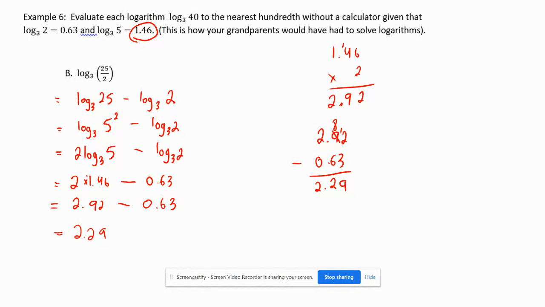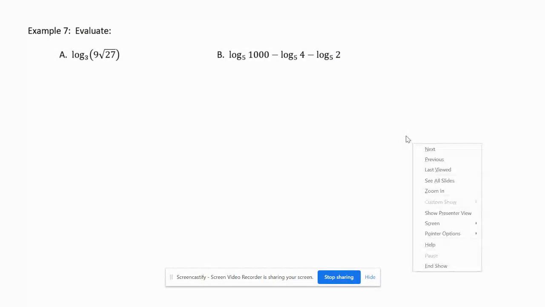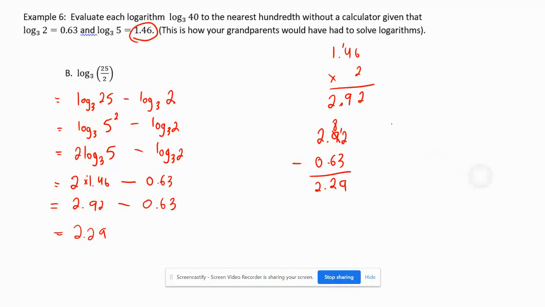And again, on my calculator, let's see how close we got. Log base 3 of 25 over 2 is... So again, guys, it looks like this one would have rounded to 2.30.